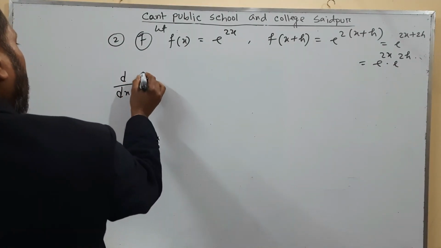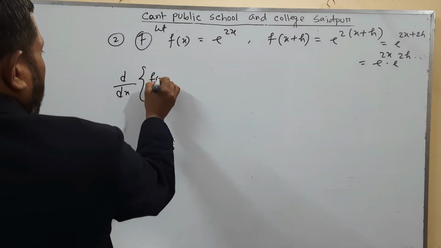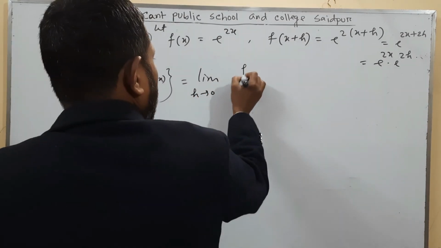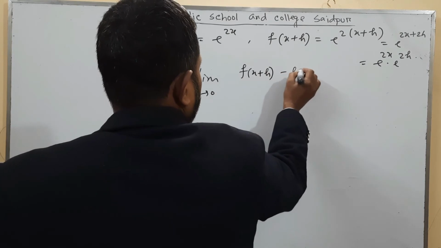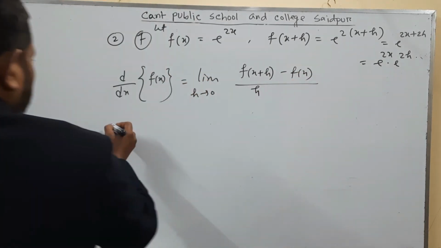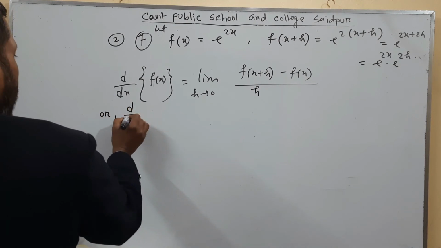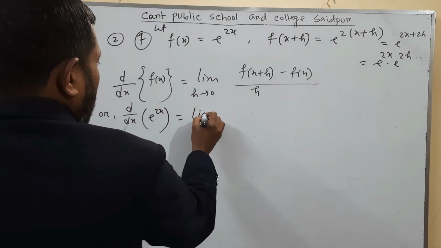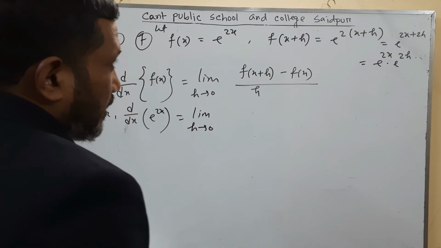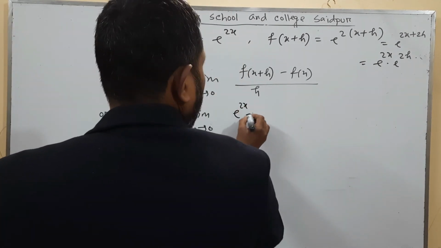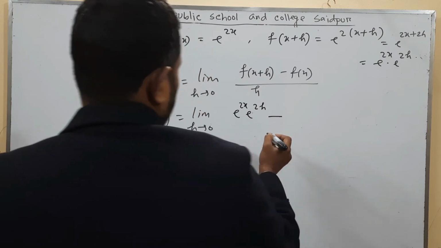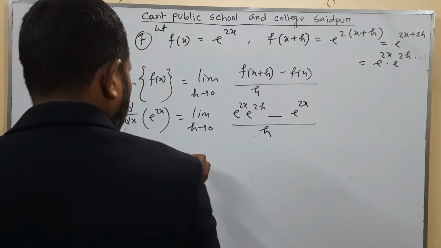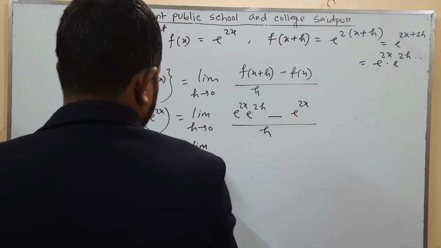we can write d by dx f of x is equal to limit h tends to 0, f of x plus h minus f of x by h, or d by dx of f of x, this will be limit h tends to 0, f of x plus h, this will be e to the power 2x e to the power 2h minus e to the power 2x by h.